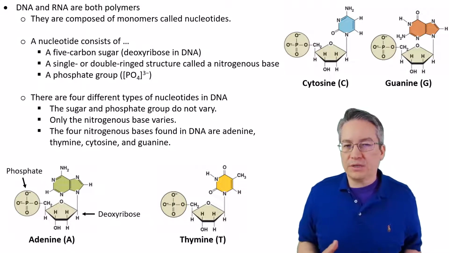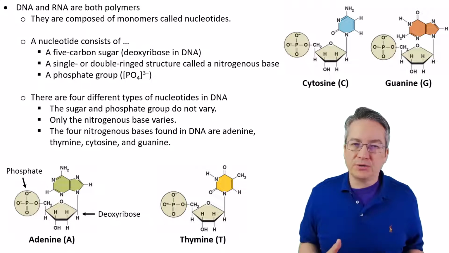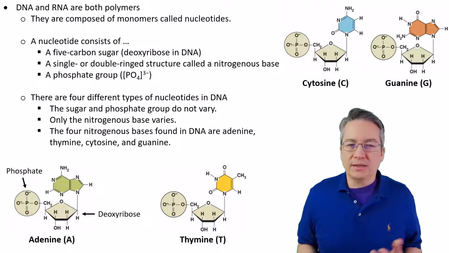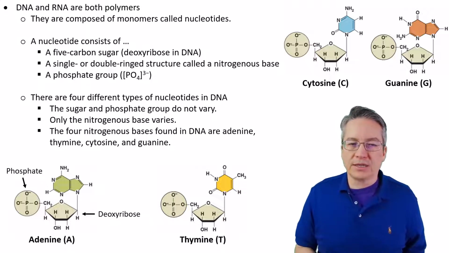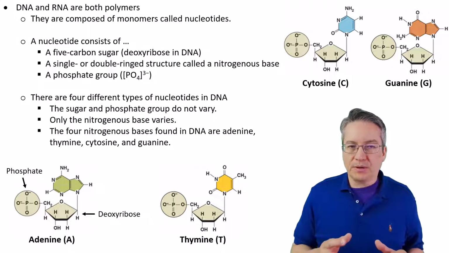There are 4 different types of nucleotides in DNA. Now, note that the sugar and phosphate groups don't vary, but the nitrogenous base does vary. So the 4 nitrogenous bases found in DNA are adenine, thymine, cytosine, and guanine, which you can see in the various diagrams around me. Now let's take a quick look at adenine for a second, just as an example. So we can see how things are bonded together.